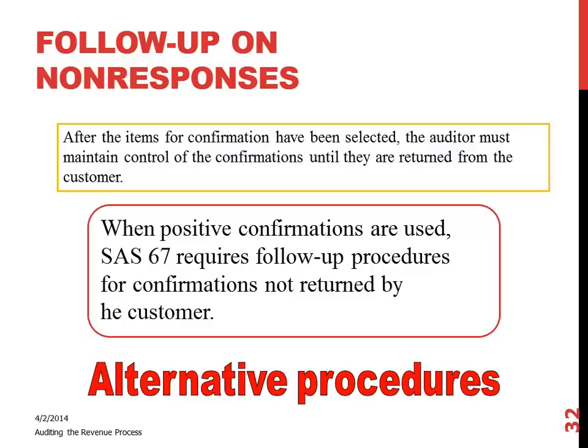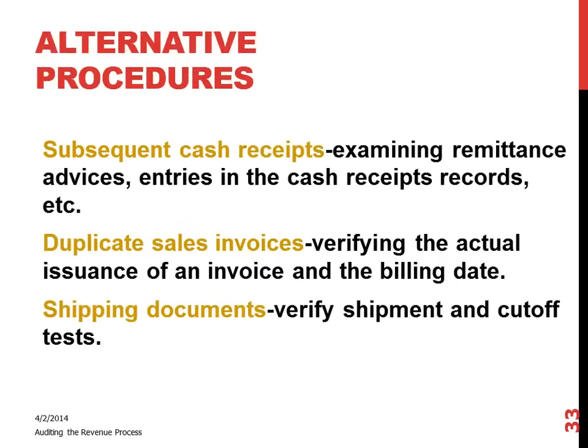Those follow-up procedures usually entail subsequent cash receipts, and that's probably the best alternative procedure. Because you're there after year end and you're confirming as of year end, you're probably going to see cash collections on that account.